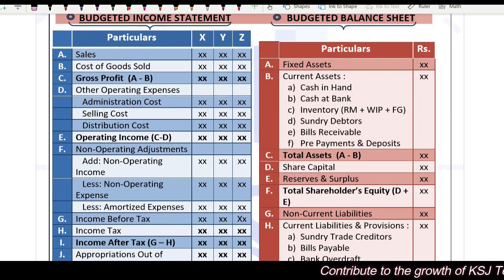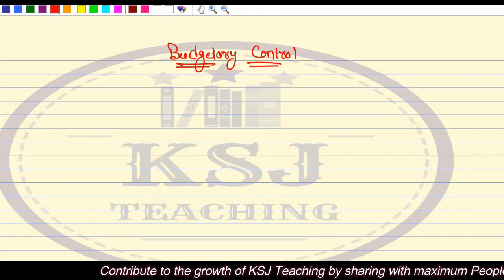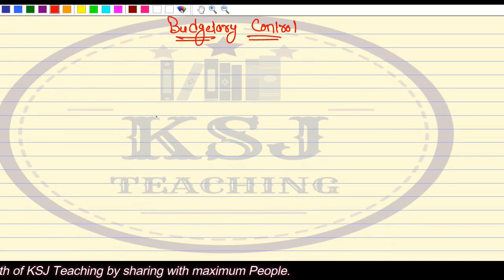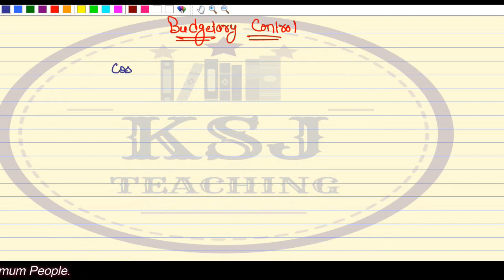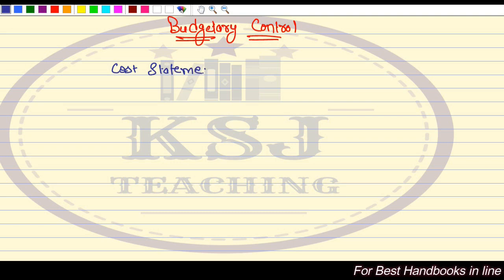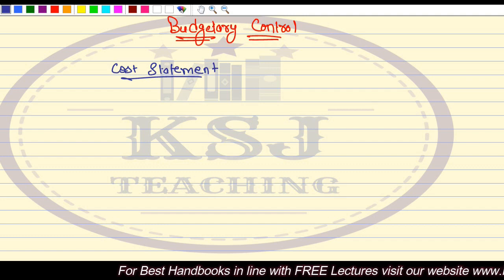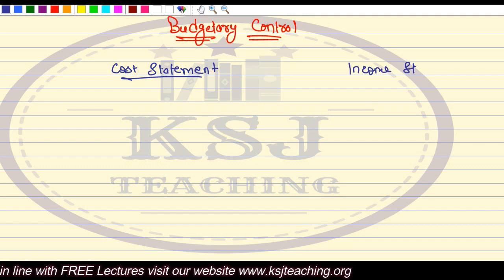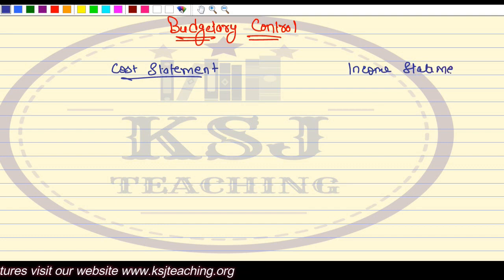Now we are talking about the income statement, right? See, I told you in the chapter of marginal costing also, one is the cost statement, and another one is the income statement, right?